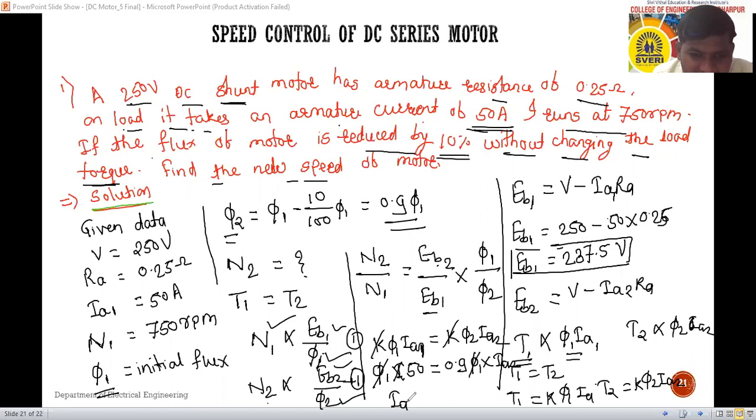मला Ia2 ची व्हॅल्यू कॅल्क्युलेट करायची आहे. So Ia2 is equals to 50 divided by 0.9. किती येते व्हॅल्यू Ia2 ची?